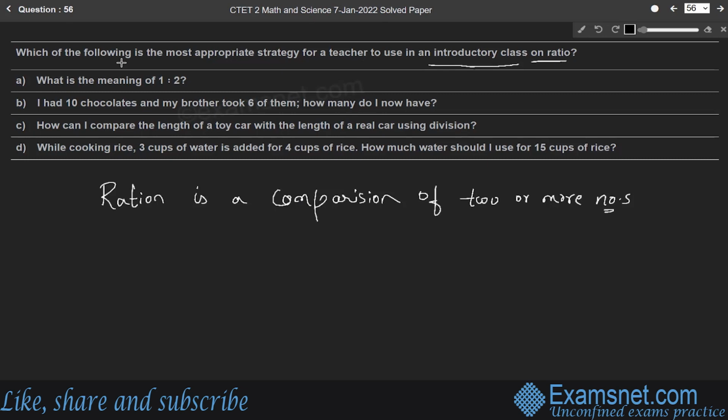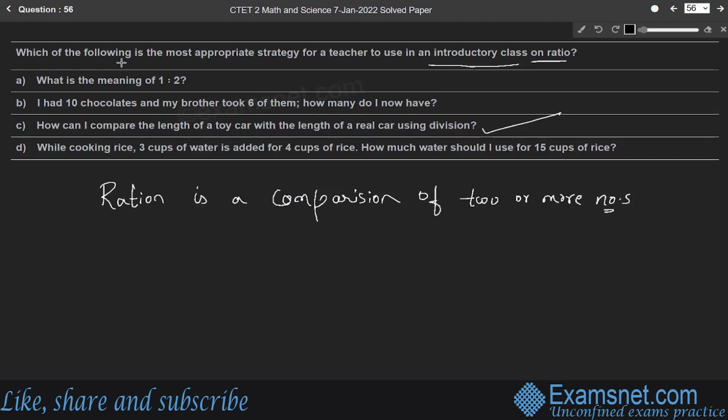Here in the option C, how can I compare the length of a toy car with the length of a real car using division? So it is the most appropriate strategy for a teacher to use in an introductory class on ratios. As the ratio is nothing but comparison, the students should get at least two quantities to compare.